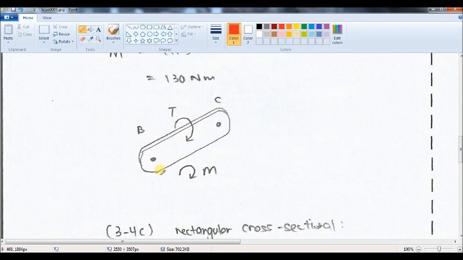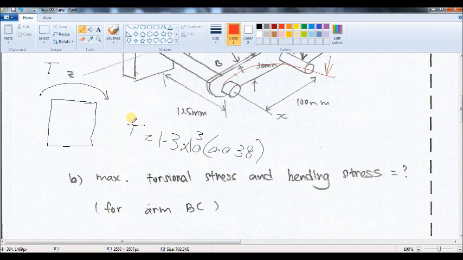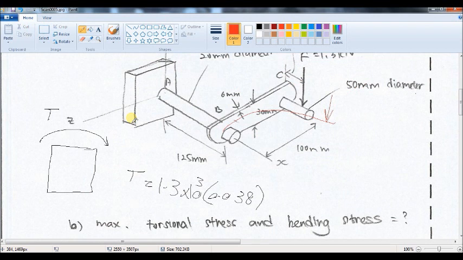So we have this torque and moment. Now we have to calculate the shear stress which is caused by this torque here and the axial stress due to the bending.